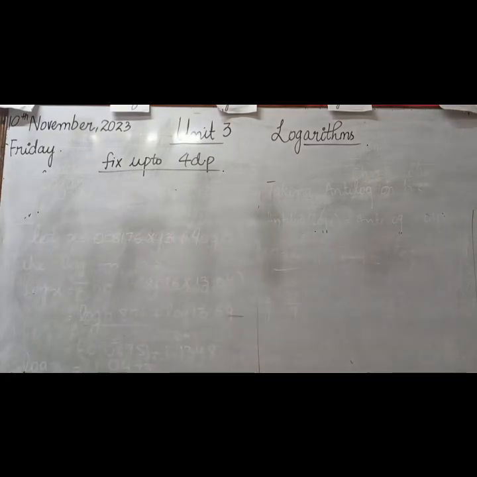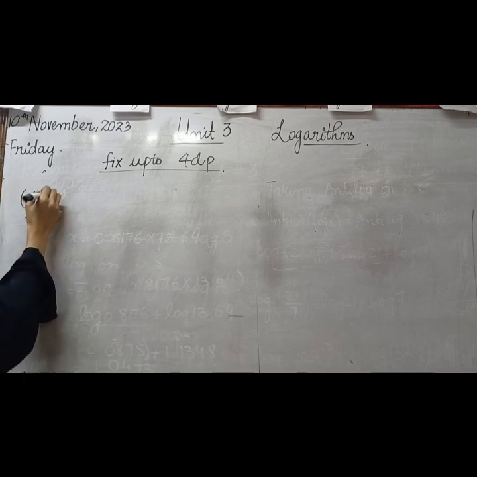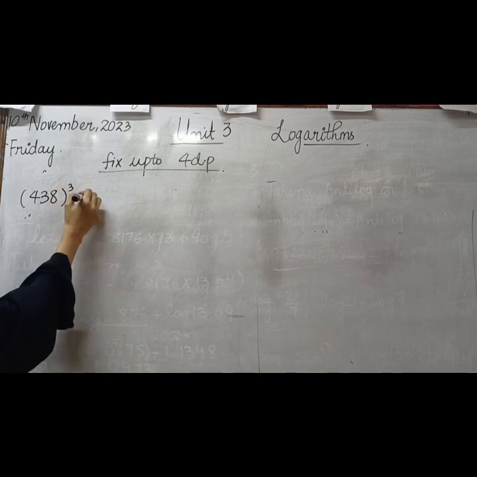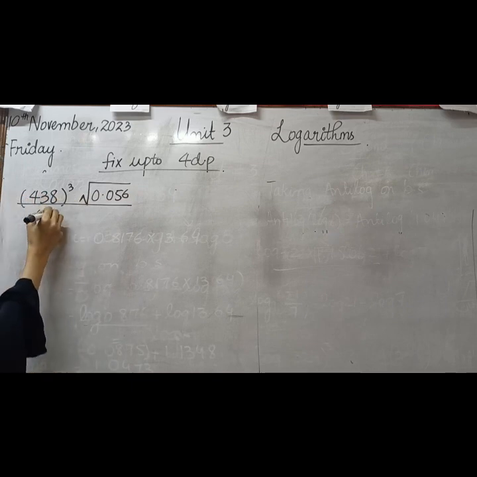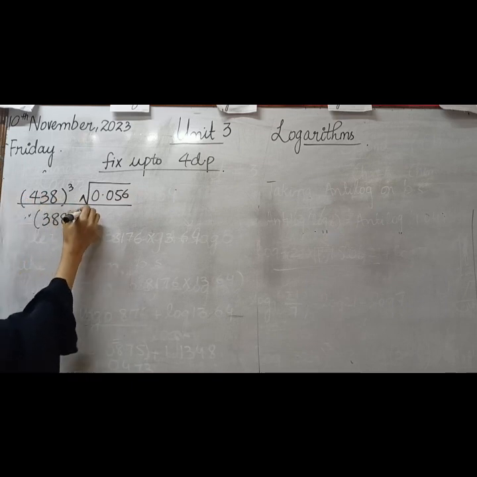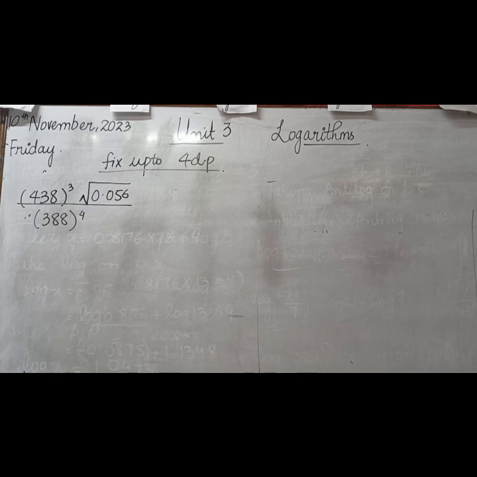I am writing another example on the board which is the cube root of 0.056 over 388 raised to power 4, with 438 raised to power 3. What will be the first step?